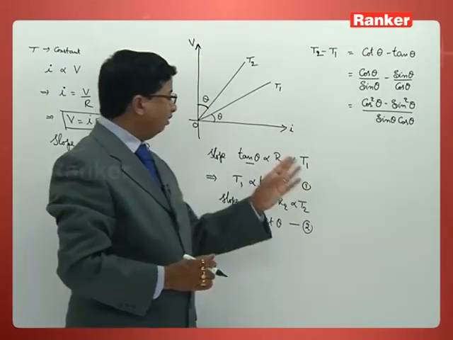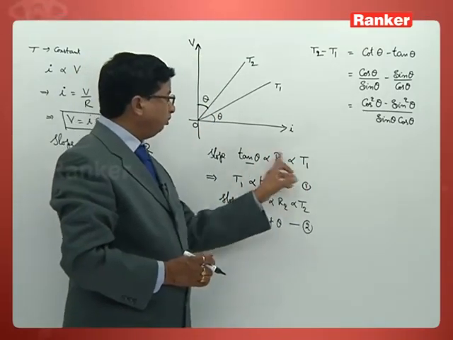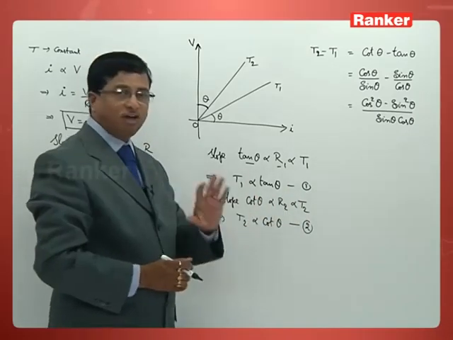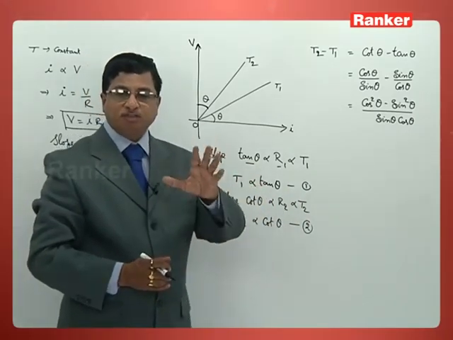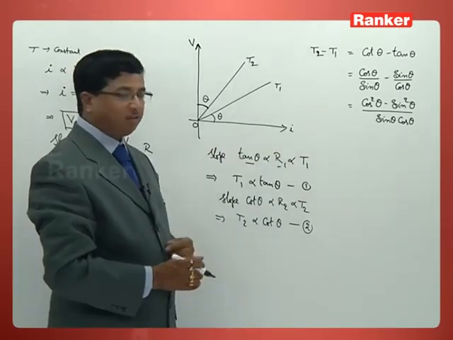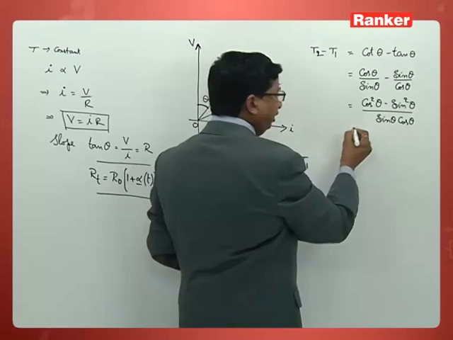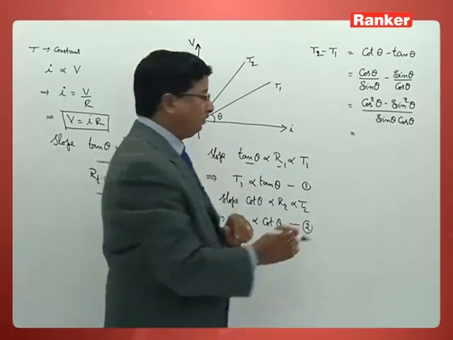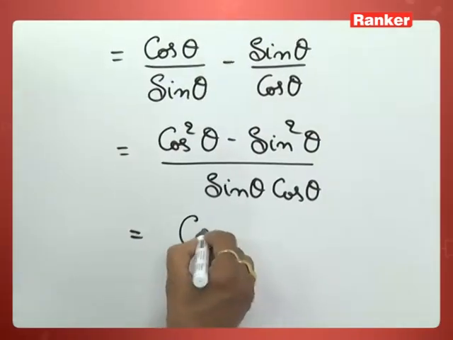The moment you have observed that T1 is proportional to tan theta and T2 is proportional to cot theta, the physics part of it is over. So you can say straight away cos square theta minus sin square theta, that is cos 2 theta.